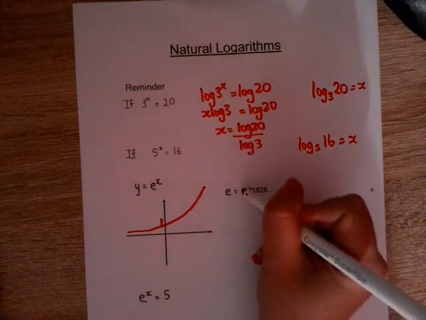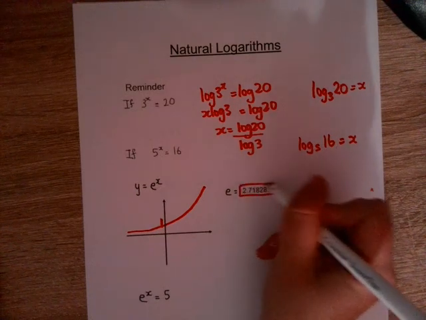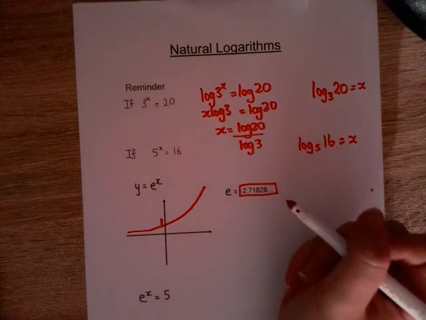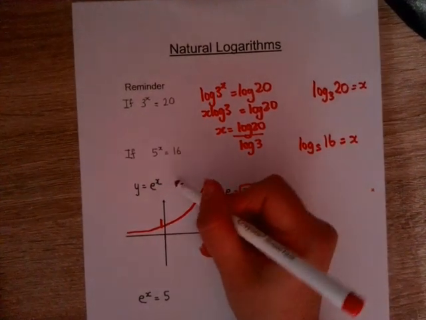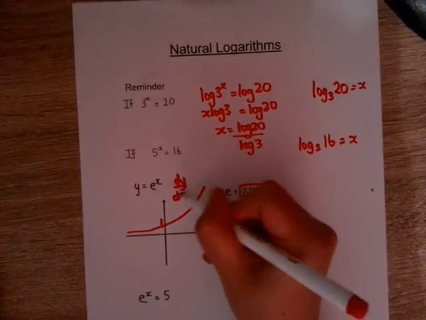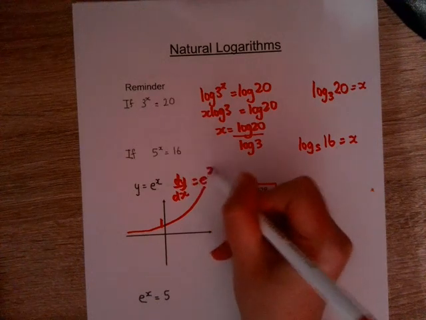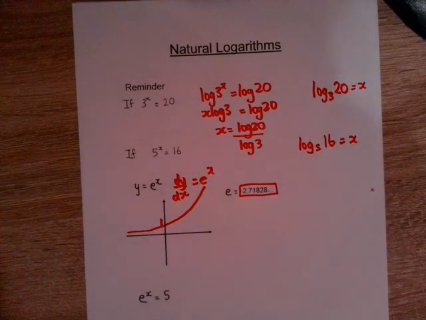So that's the value that that works for, where the gradient would be the same as the actual graph itself, which is why when you differentiate y equals e to the x, you still get e to the x. Okay, because they are exactly the same thing.